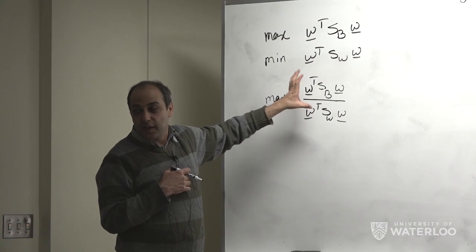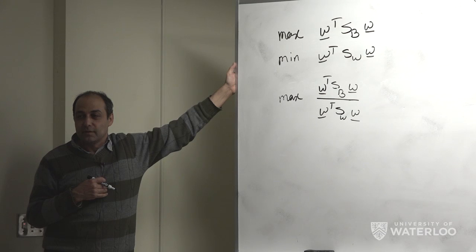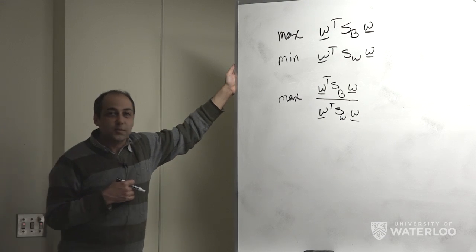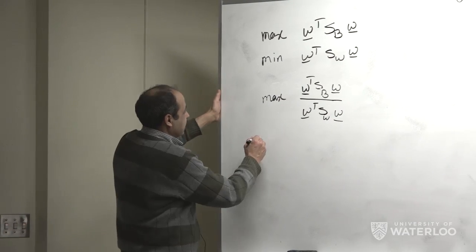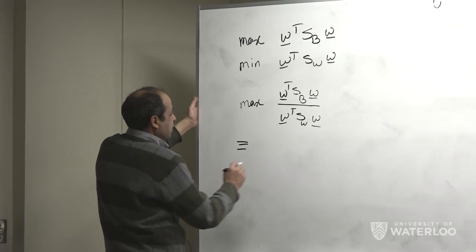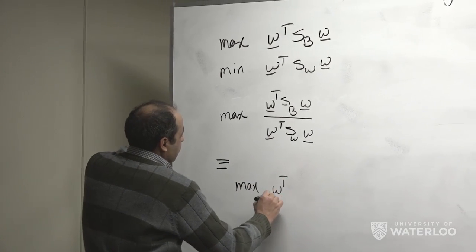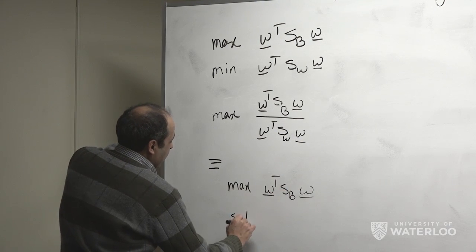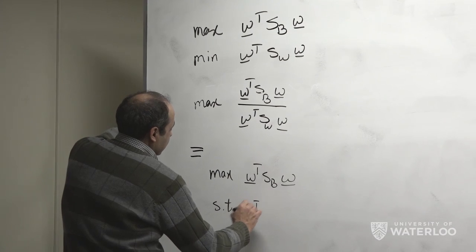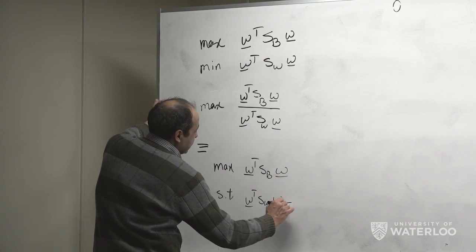Do you know how we can tackle this problem? This problem is in fact equivalent to this problem: maximize W transpose SB W subject to the constraint that W transpose SW W is constant.